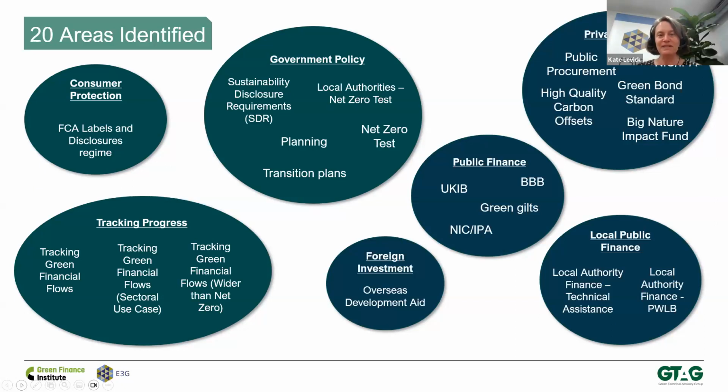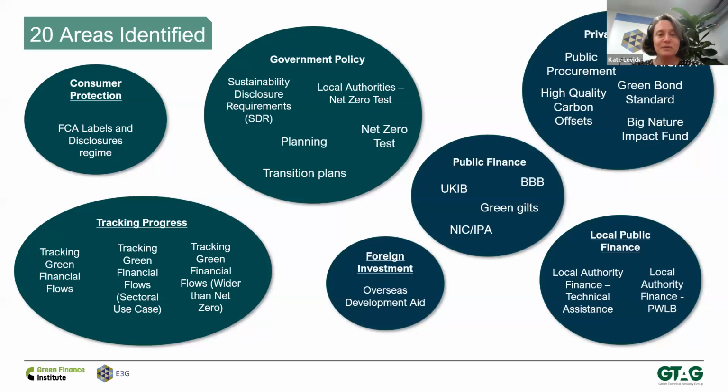But a very different example might be a net zero test, where the UK could apply a sort of test to all of its public investment decisions and use the taxonomy to measure whether or not investments counted as green in the definitions created by the taxonomy. So these are very different kinds of government policy support.